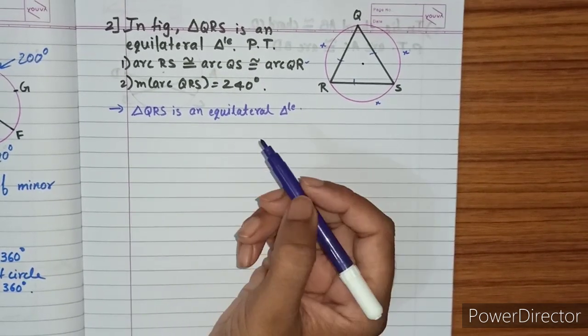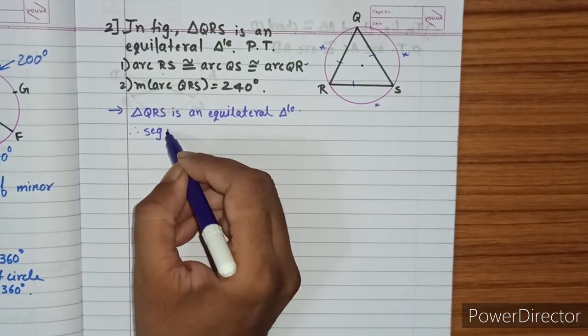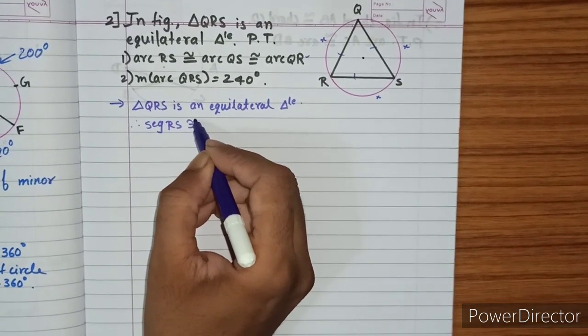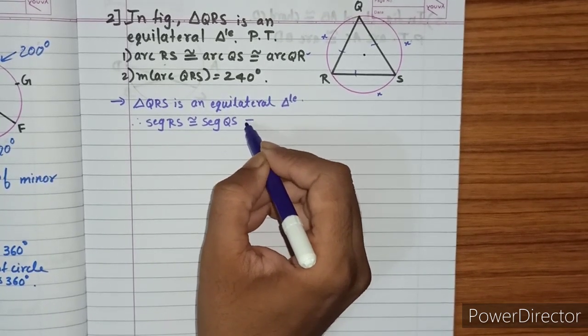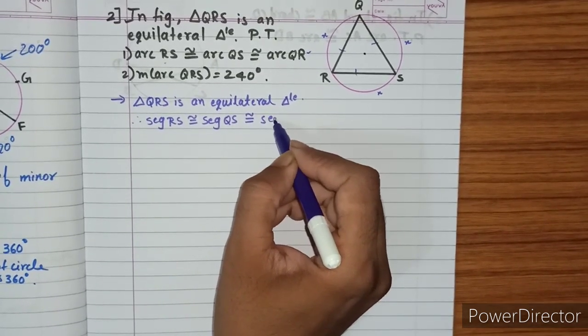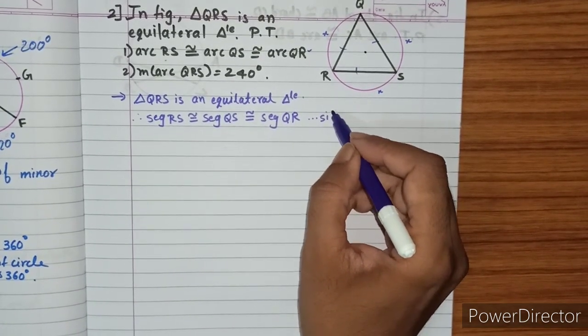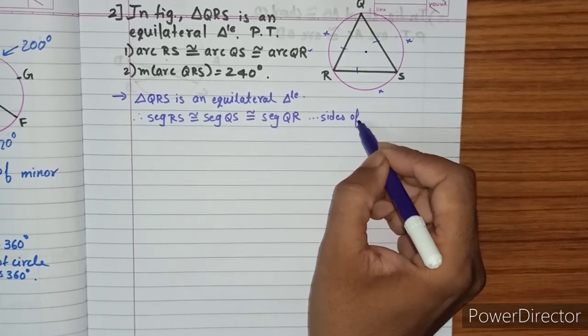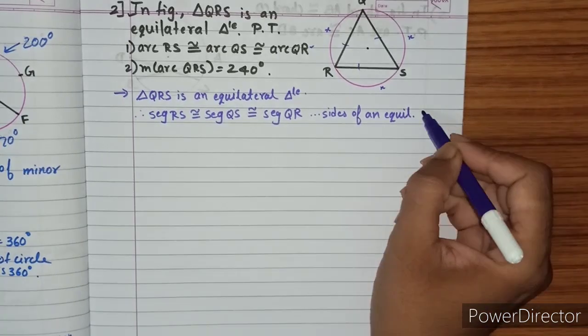Now, as it is an equilateral triangle, I can write segment RS is congruent to segment QS is congruent to segment QR. Why? Because they are the sides of an equilateral triangle.